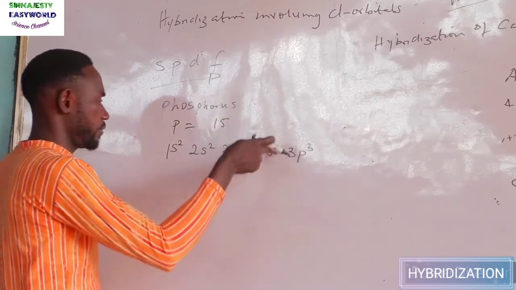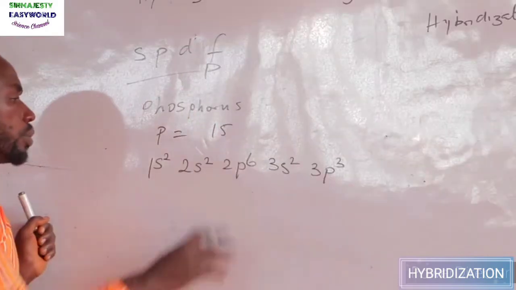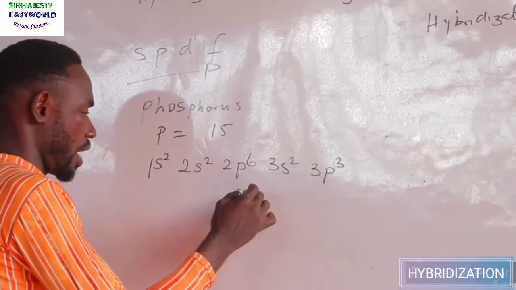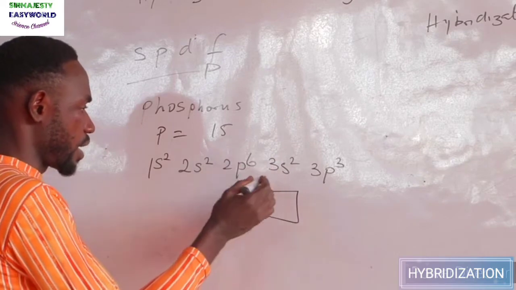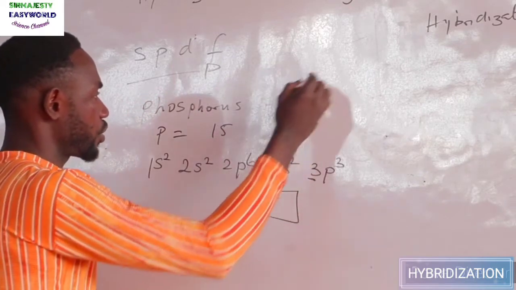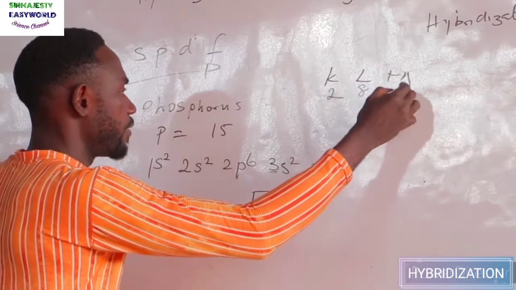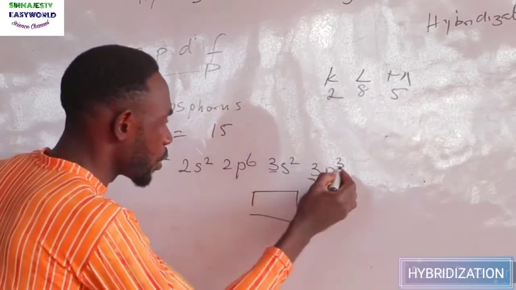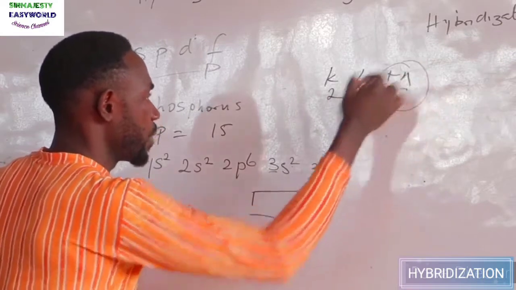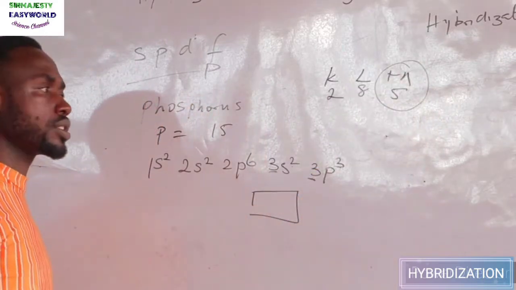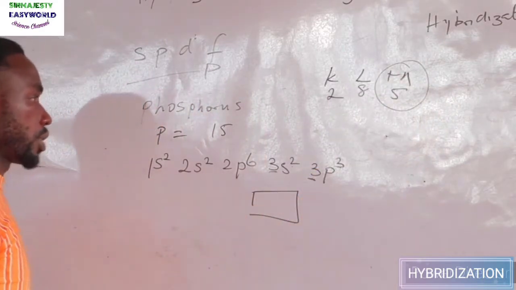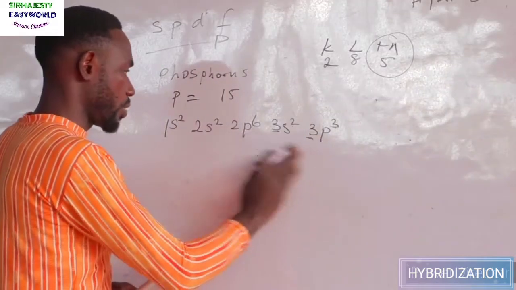Exactly, so we have 12 and 15. By drawing this, we start here. Remember, this 3 means the last shell. That's K, L, N: 2, 8, 5. So we find out that this 5 is 2 plus 3. So they are the ones that will be participating in bonding, whether it's covalent or electrovalent. But it's mainly for covalent. That's the one we are considering here.